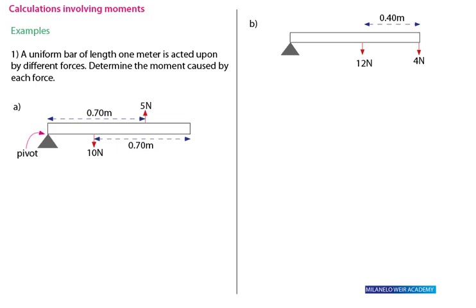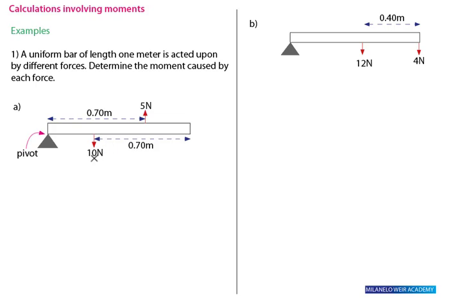So now let's make a few calculations involving moments. Here is an example. A uniform bar of length 1 meter is acted upon by different forces. Determine the moment caused by each force. How many forces do we have?